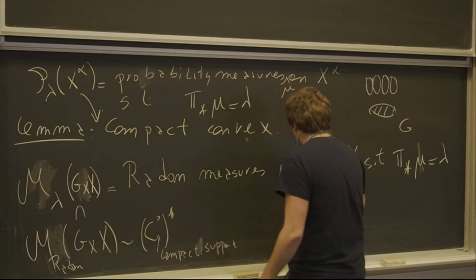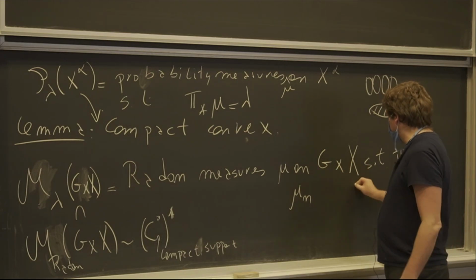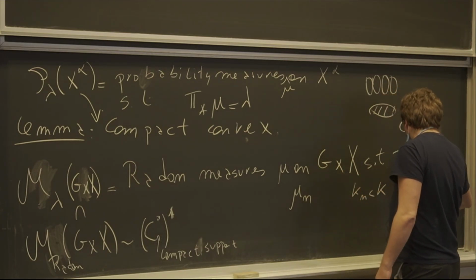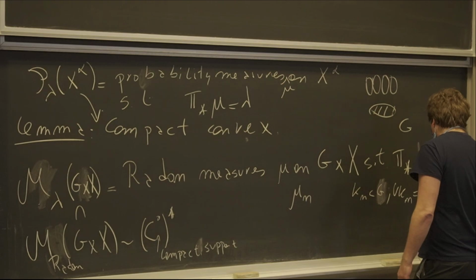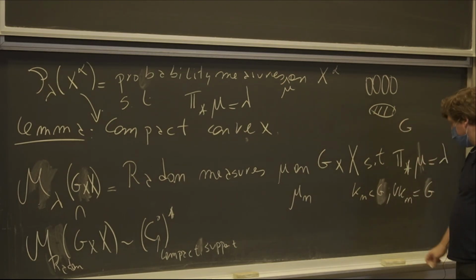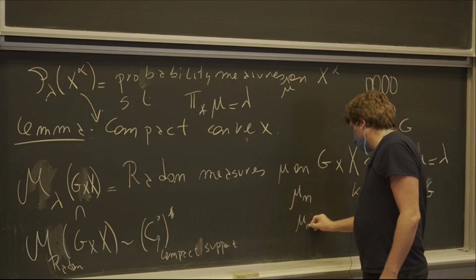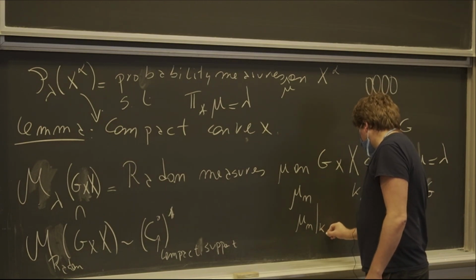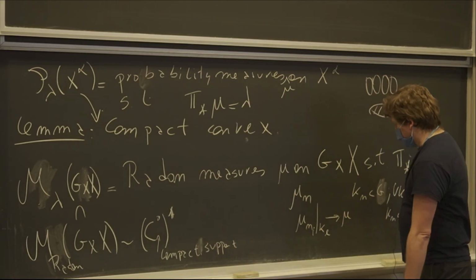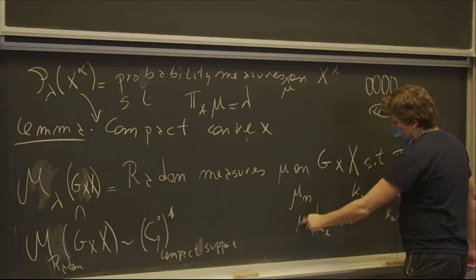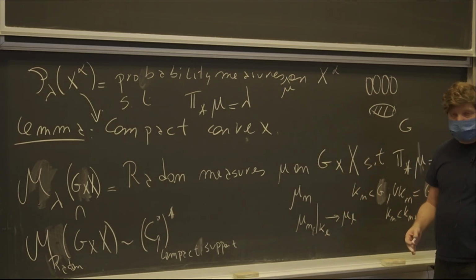This is not hard to see, because if you take mu n, a sequence of measures, then you take a family of compact sets Kn, an increasing union of Kn equal to G. Then you take mu n restricted to KL, and extract a subsequence, mu n i, which has a limit, mu L. All these measures project to Lebesgue on this compact set, so the limit will still project to Lebesgue on this compact set.